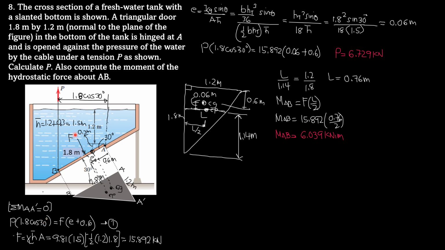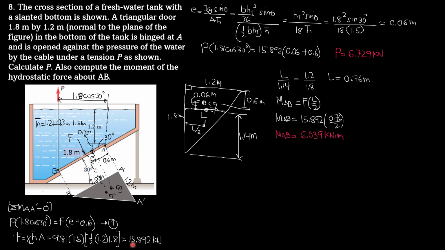Then equals F, and the moment arm of F would be E plus 0.6 as shown. So F is equal to gamma h bar times area. Specific weight of water 9.81. h bar is 1.5, already calculated here. And the area is the area of the gate, which is 1/2 of 1.8 times 1.2.